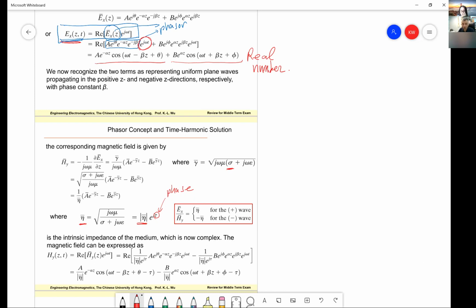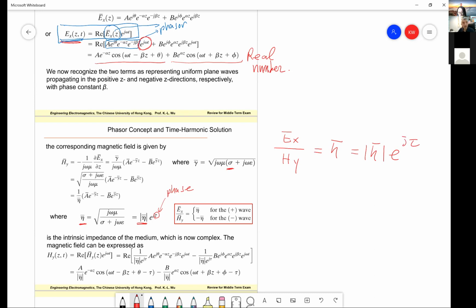Also, when we deal with a plane wave, we know Ex over Hy equals the intrinsic wave impedance, and this is a complex number.